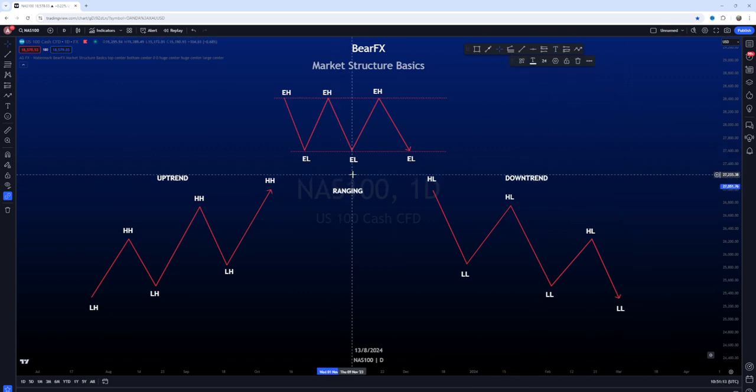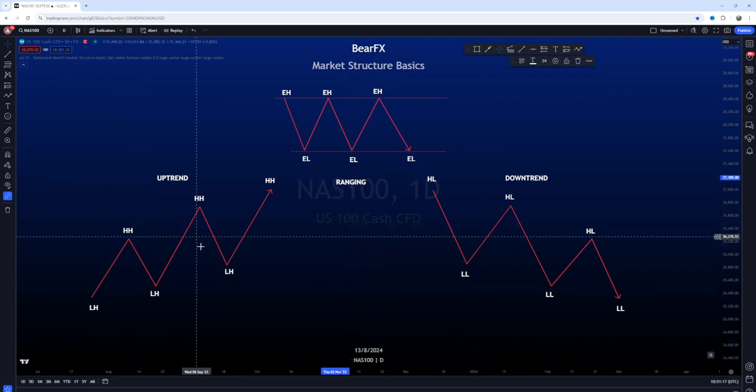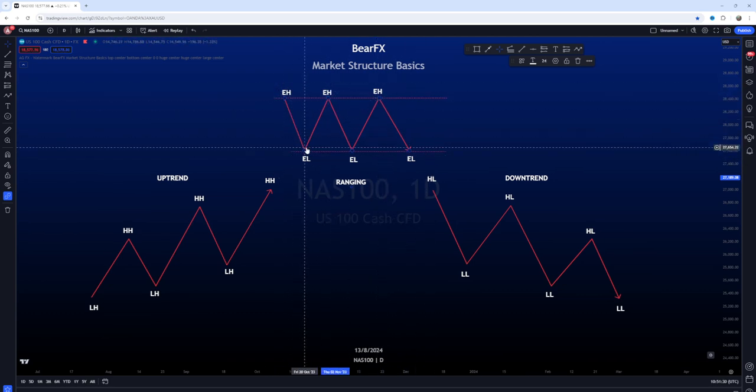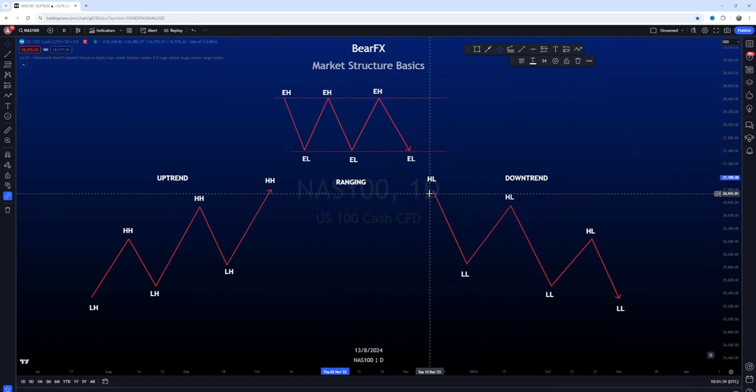Good old TradingView. All right, ranging. So we've got uptrend. Why is it an uptrend? Because market price is pushing upwards. Why is this ranging? Because price is creating equal highs and equal lows. Price is essentially going sideways, consolidating, ranging, whatever you want to call it. And then price on the downtrend is obviously going downwards.